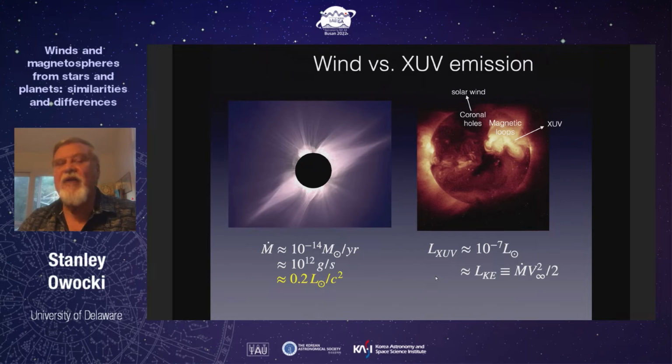Well, now let's ask ourselves, how does this compare to the radiation loss of the solar corona? We have this picture, an X-ray picture of the solar corona. And that's very inhomogeneous, right? Because the places where the solar wind is able to escape, the open magnetic field regions, are called coronal holes. They have very low density, and you can see they're very dark.